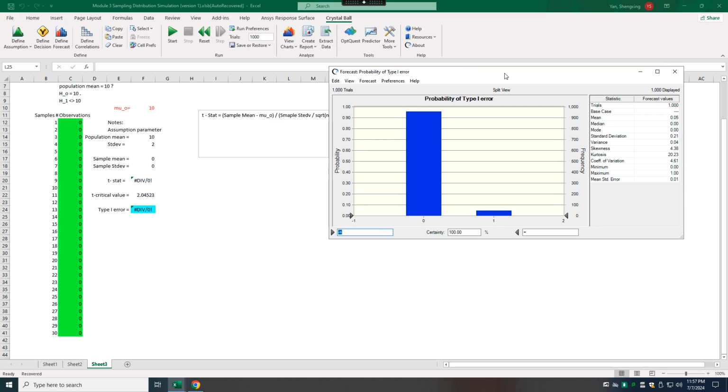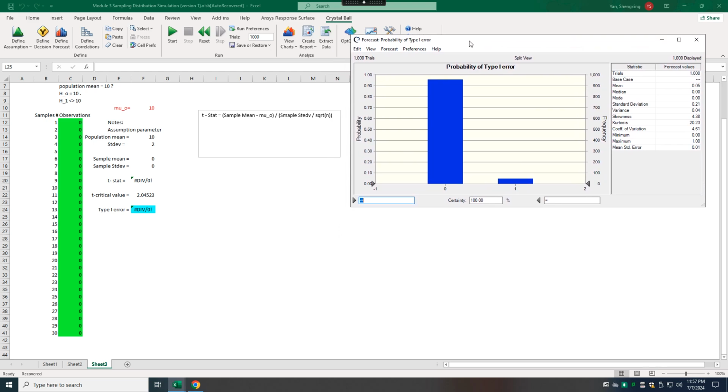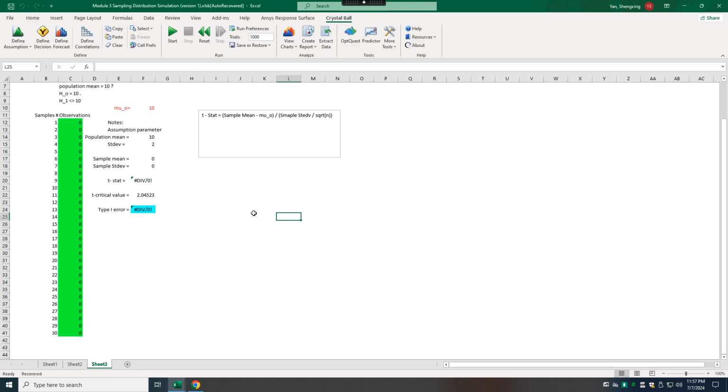Let's put this chart here. See, zero occurrence.